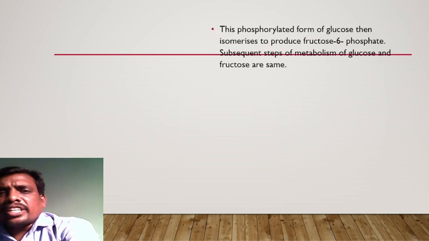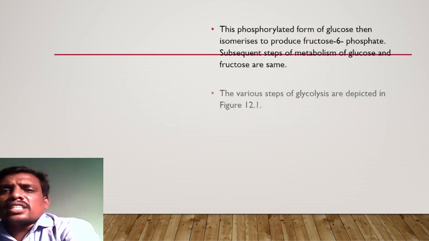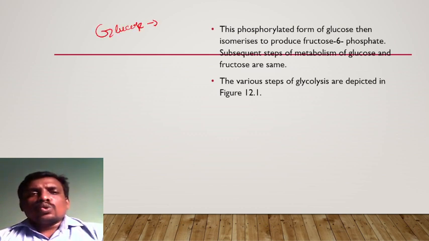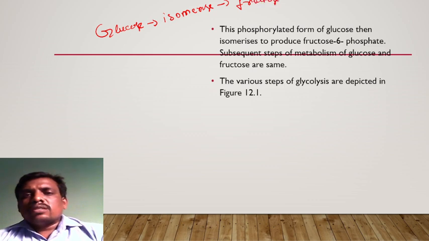Now, if you take this phosphorylated form of glucose, then an enzyme called isomerase helps to produce fructose 6-phosphate.